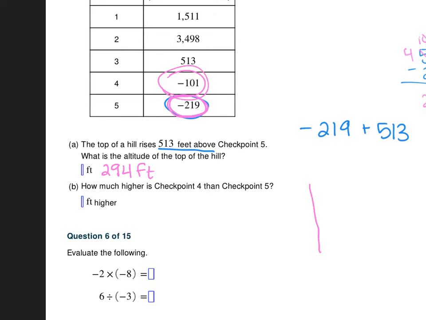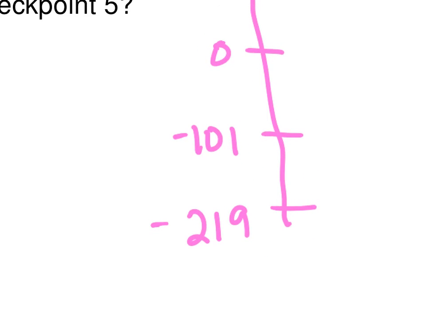If you have it written this way, I have 0 up here, negative 101 right here, and say negative 219 right there. I need to find the amount of degrees in between 101 and 219. Yes, I have negative degrees here, but the only thing a negative says for temperature is that it's below freezing. I can't really go negative miles or negative degrees. The negative is just to tell us it's below freezing.